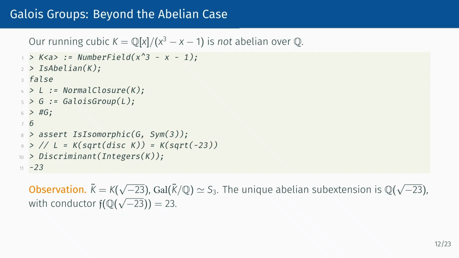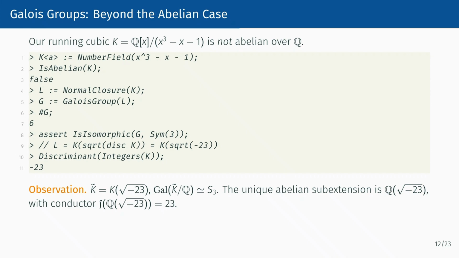Maybe the last thing I want to point out, in this normal closure, maybe I'll show you on the board. It's very similar to a picture you've already seen before. We have here this degree 3 extension of Q, and we have here this normal closure, which is actually K adjoin square root of minus 23.